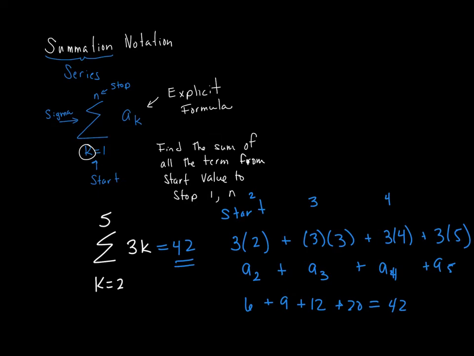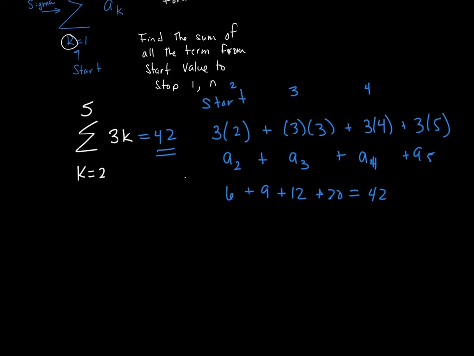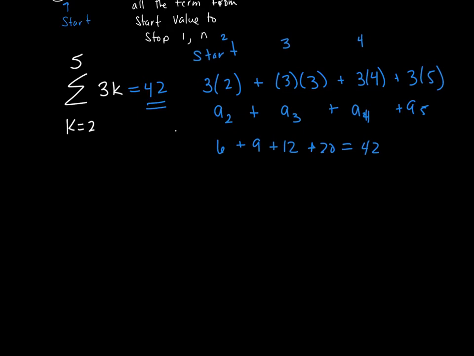All right, so let's go ahead and look at another one of these. For the next one, I want to look at the summation from k is equal to 3 to 6 of 1 plus k squared.